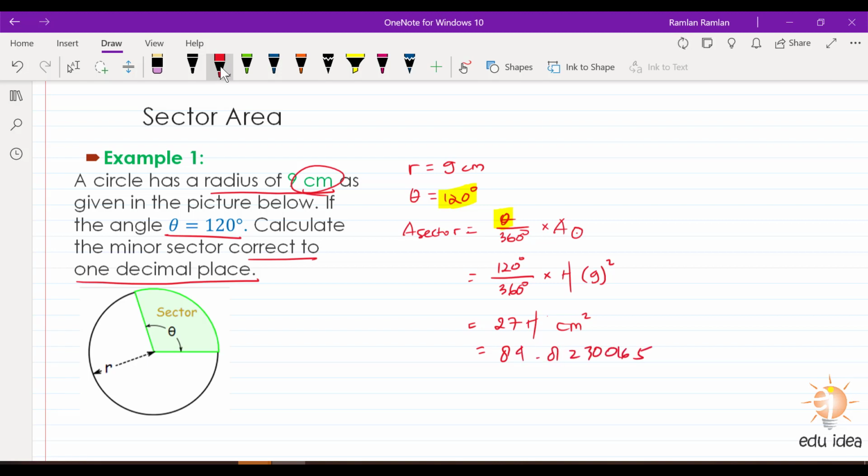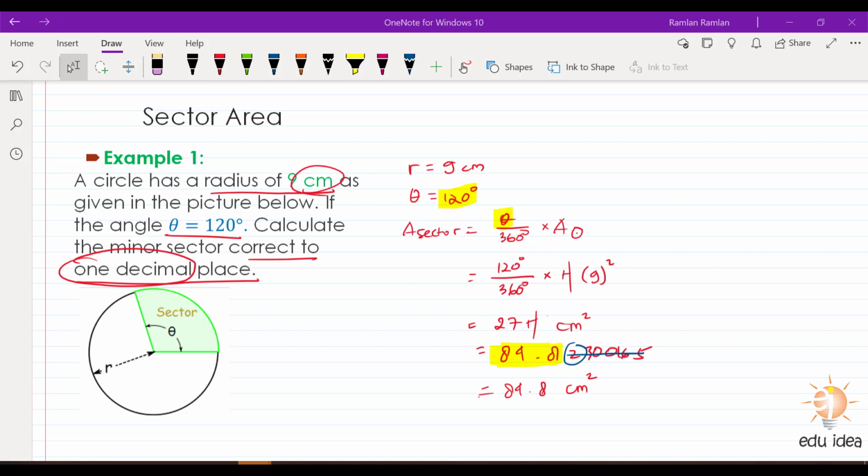Because it said 1 decimal place, you only take until the first number after the decimal point. So you take 84.8, and then you consider the next number after that, which is this 2. Because it's less than 5, we get rid of everything over here. So you only get 84.8, in centimeters squared.